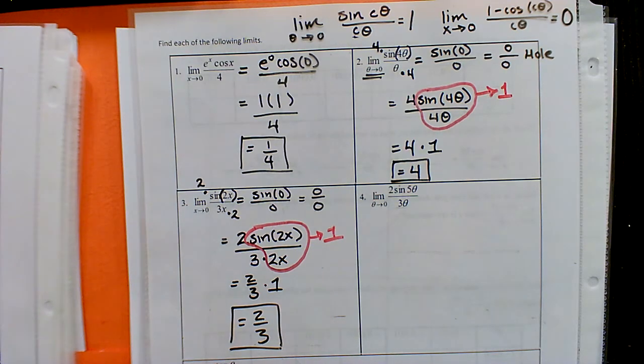We doing okay? Do you guys think you can try number 4? Okay, give it a shot. Always try direct substitution first. If it's a no-go, maybe try a trig limit.